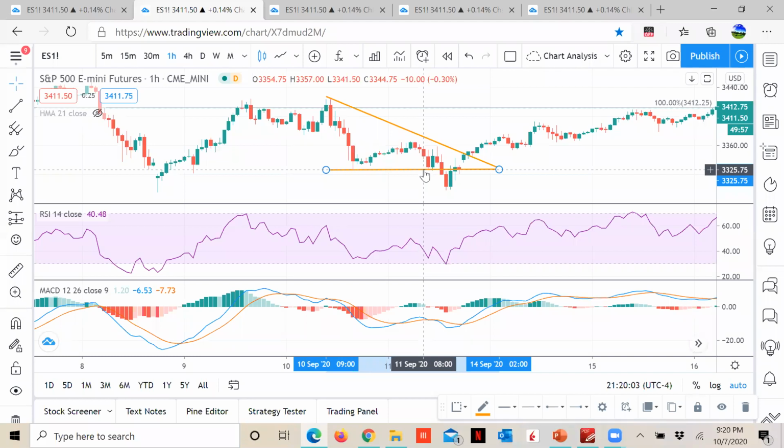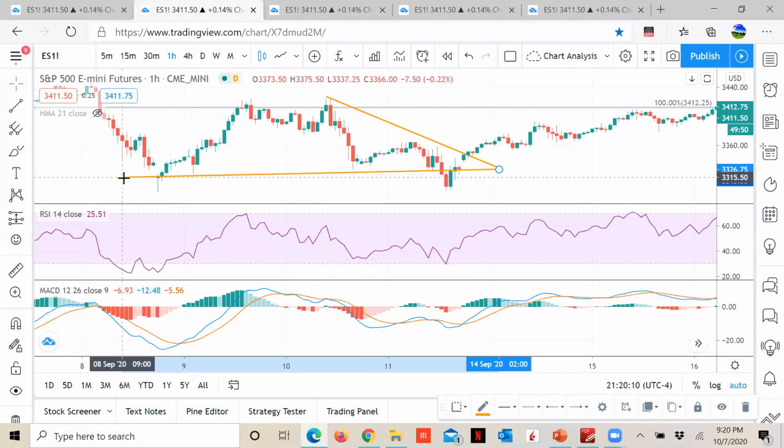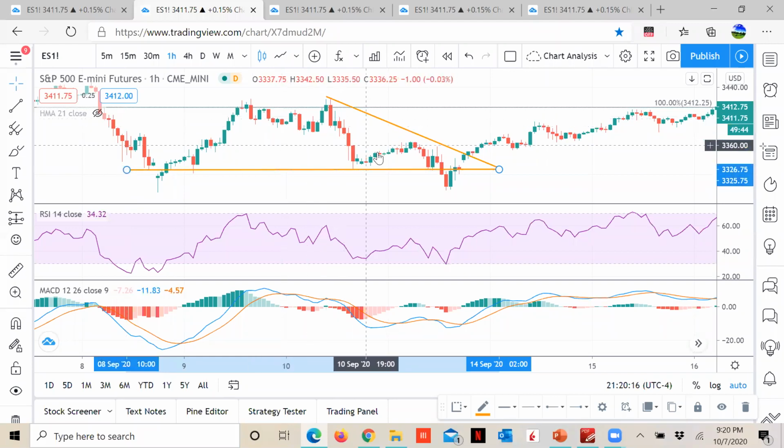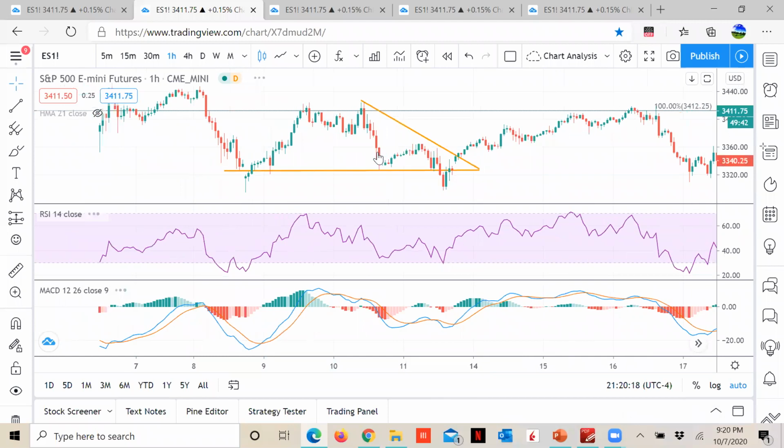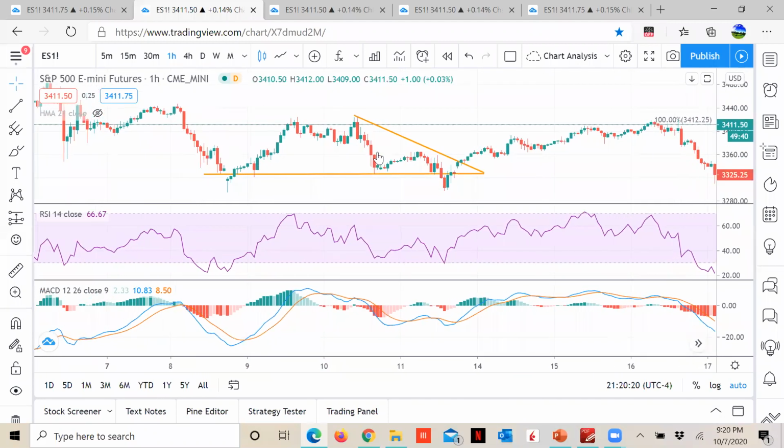What are you talking? This line actually should be here. Yep. Can you see my screen? Yeah, we can. I'll just try to zoom out a bit.